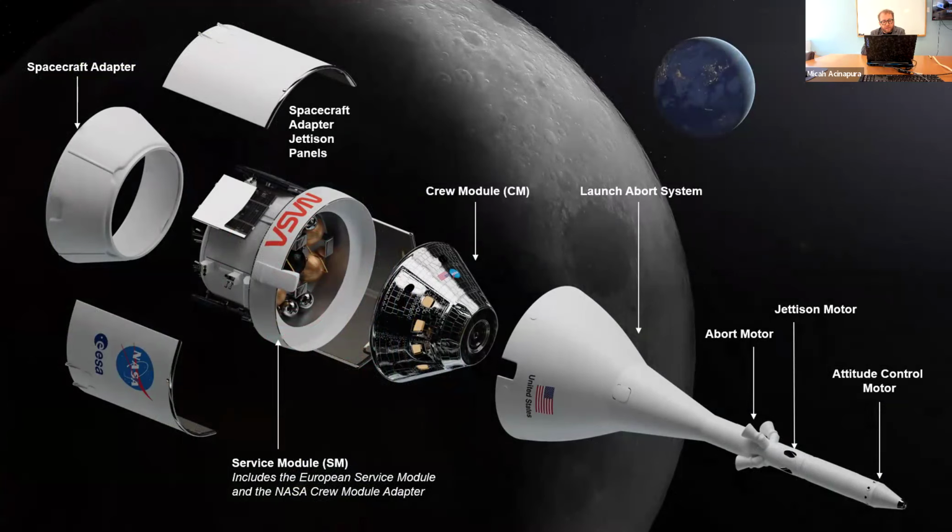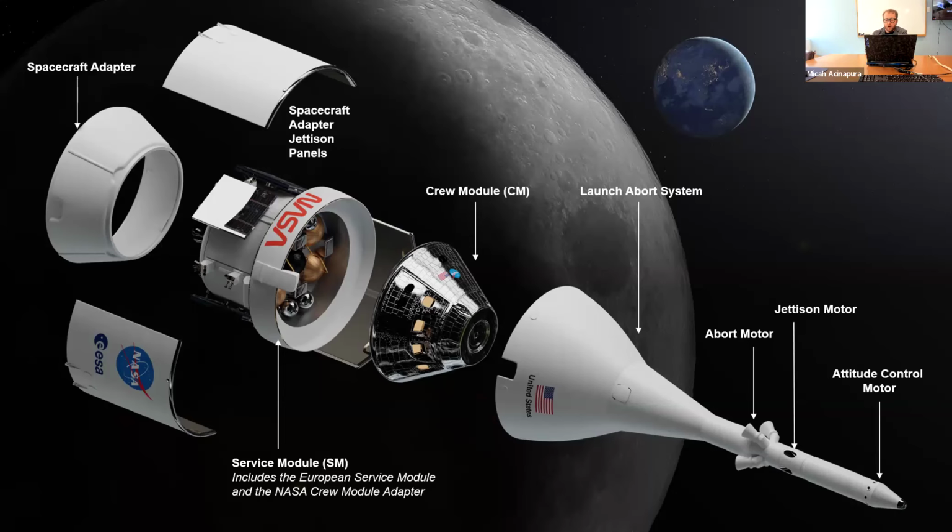You've got the crew module on the inside, your abort system, your jettison motor. It's pretty standard stuff. The European Space Agency is also contributing to this in the service module. Compared with what's happened before, it's pretty standard, but obviously with much more updated and newer technologies.